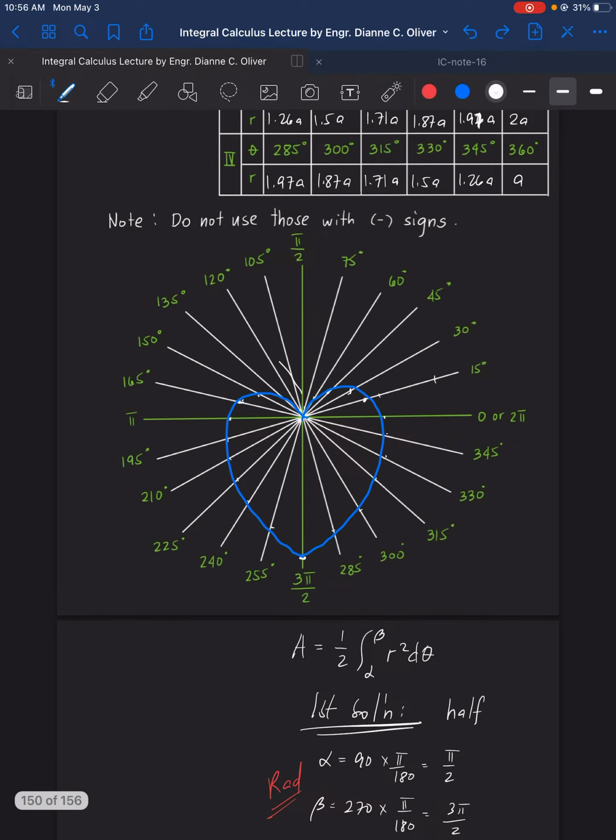So we start from 90 and end at 90, meaning your alpha here is 90 degrees, and your beta is 360 plus 90 degrees.